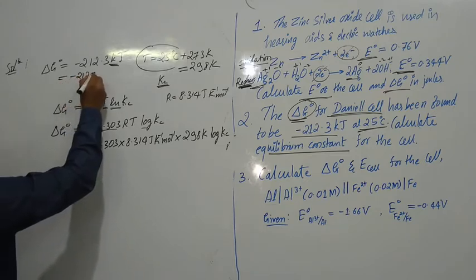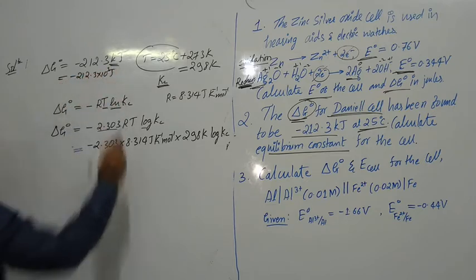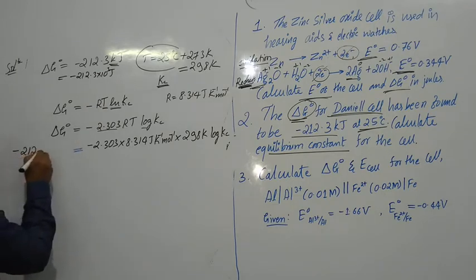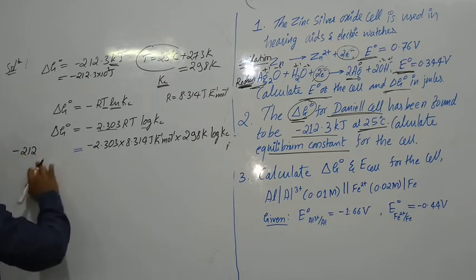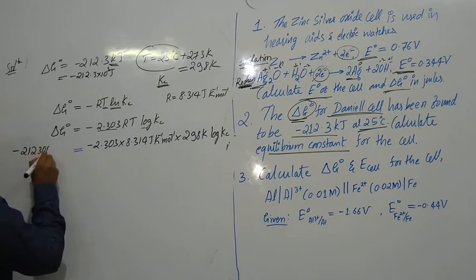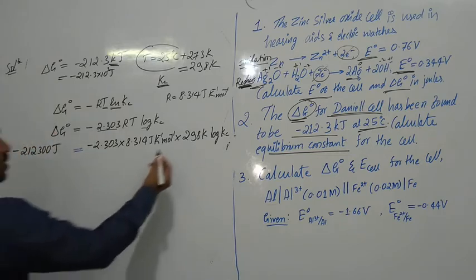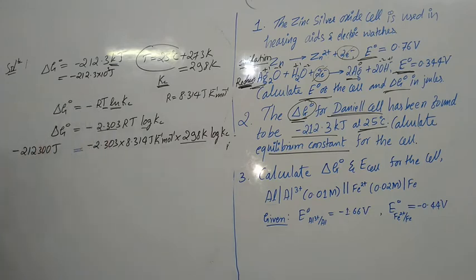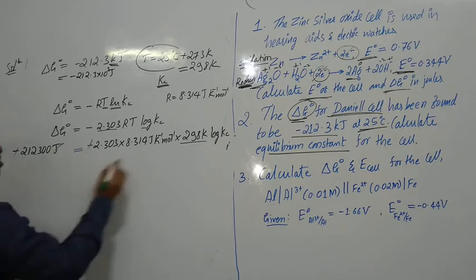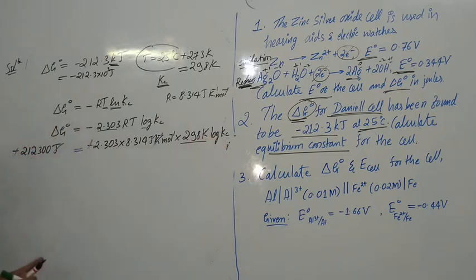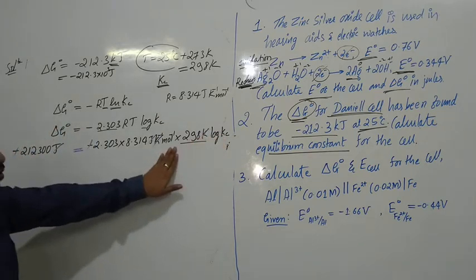Minus 212.3 into 10 to the power 3 joules, that is minus 212,300 joules, is equals to minus 2.303 into 8.314 joules per Kelvin per mole, 298 Kelvin, into log Kc. Is it possible to cancel out some terms? Yes, negative negative cancels out, joules cancels out, and per Kelvin also cancels out. Per mole remains.